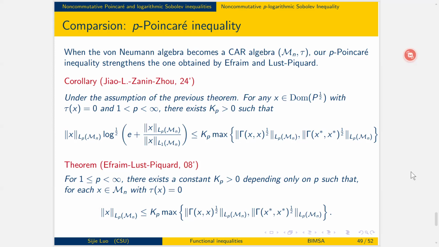So this result we can use to deduce the p-Poincare inequality. But the Poincare inequalities have a Q, and this result can also hold in every setting of hypercontractive semigroup with the boundedness of the Riesz transform. This is some kind of isoperimetric inequality, and we find the Poincare inequality.